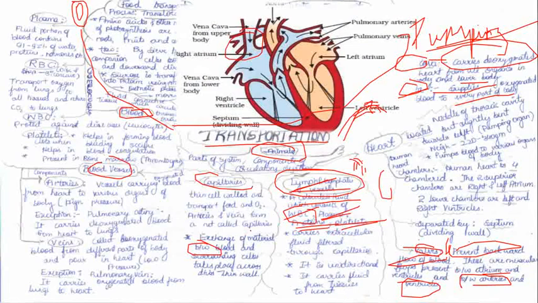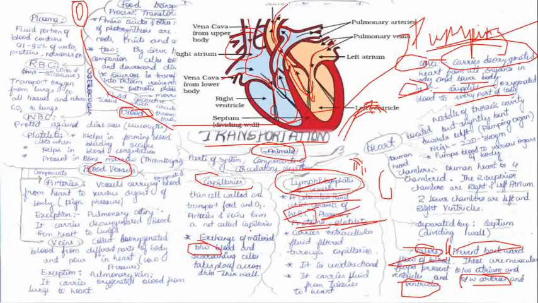As you can see here, from here the blood passes. It is the right atrium, then the right ventricle, and it is passed out. Similarly, it passes in and goes out.